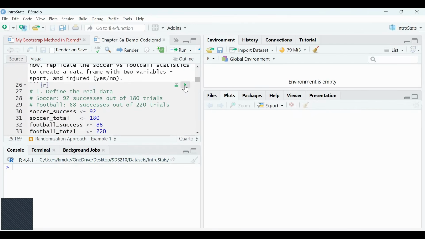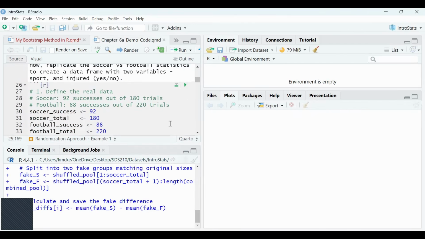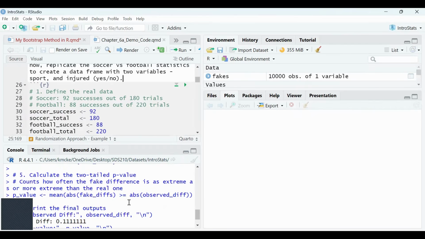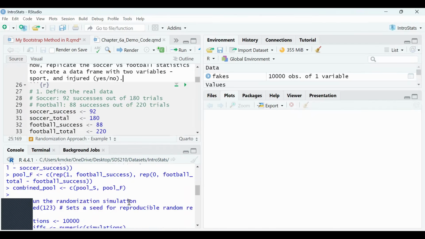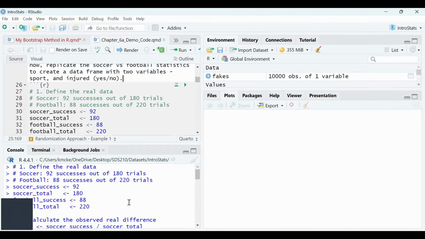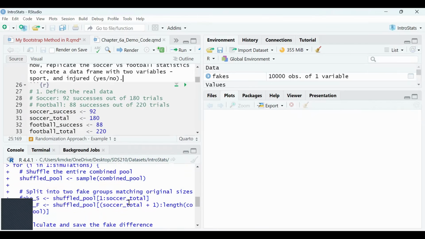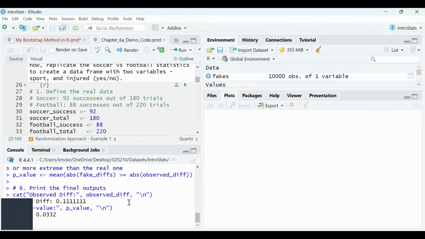And let's go ahead and run that. Okay, and what we get in our output, you can see it starts there and it's running through all of this. And then it gets down to, it tells us the observed difference is 0.111, and the p-value for that is 0.0332, okay?